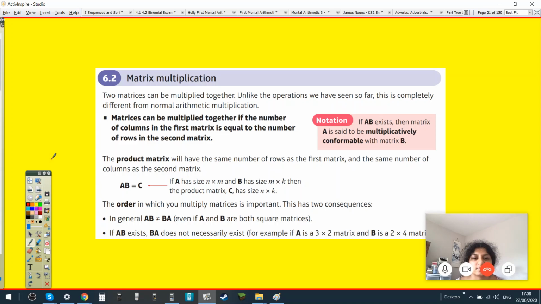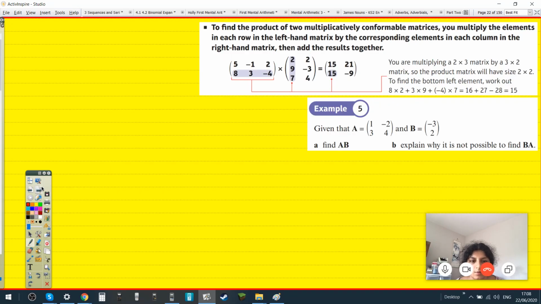Okay, matrix multiplication. This is multiplying two matrices by each other. They have to have the same number of rows as columns, not necessarily the same size. You multiply each row by each column. So for this one, this would be 8 times 2, 3 times 9, minus 4 times 7.